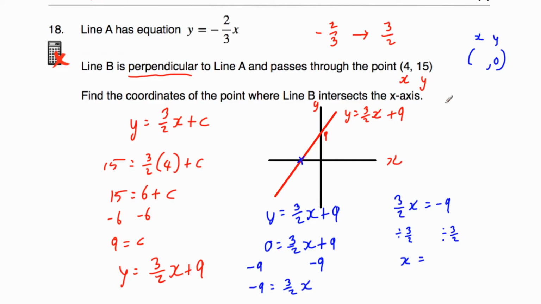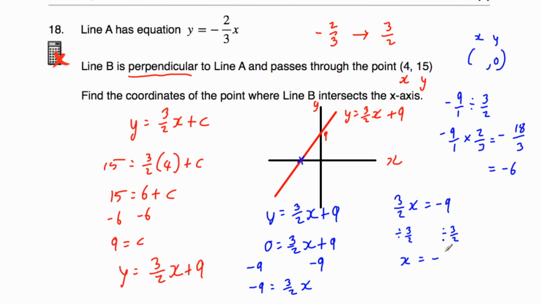So we've got negative 9, or negative 9/1, and we're going to divide that by 3/2. Whenever we're dividing by a fraction, we multiply by the reciprocal, so we've got negative 9/1 multiplied by 2/3. A negative times a positive is a negative, and then we've got 9 times 2 is 18 over 1 times 3 is 3. So we've got minus 18/3, and 18 divided by 3 is 6, so we've got minus 6.